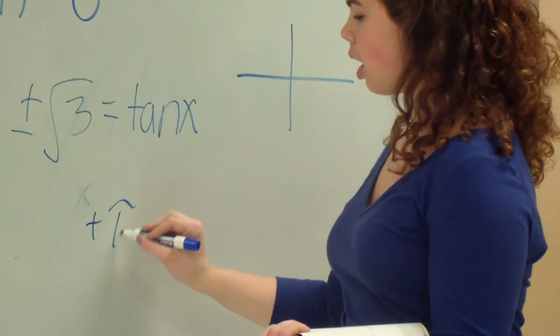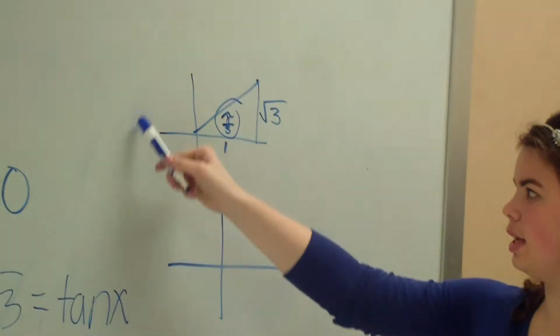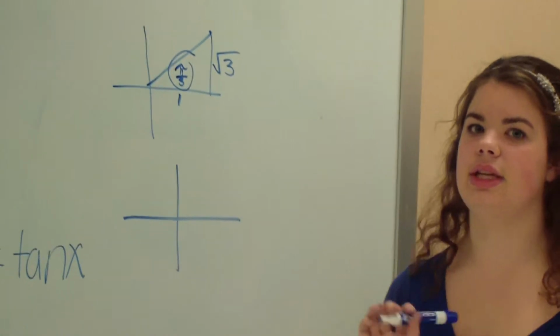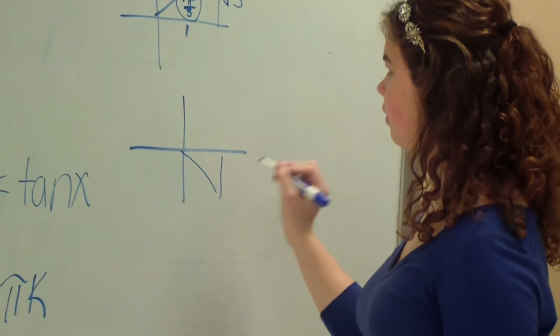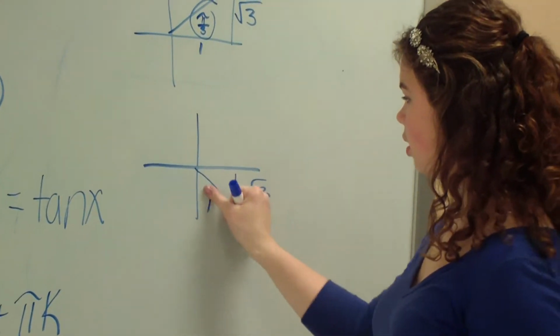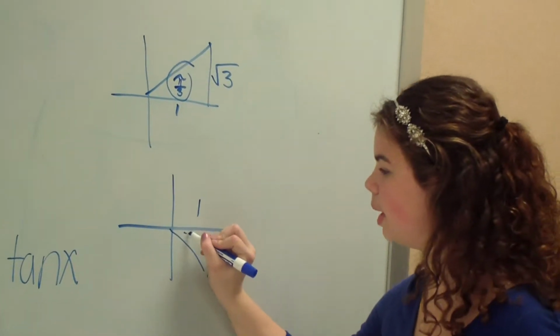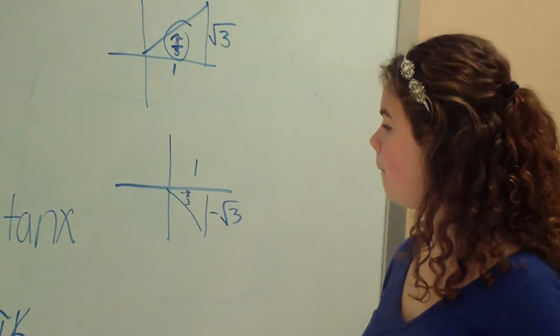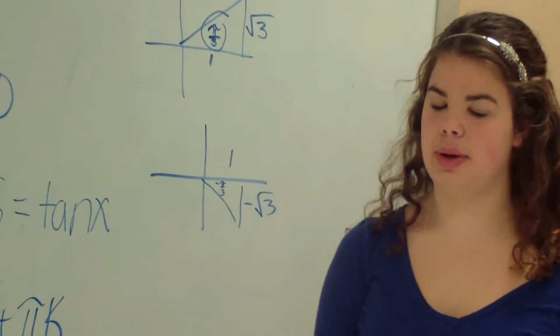So the k value is going to be however far it gets you to get the negative tangent, since tangent is negative in 2 places. Tangent could be negative here, so you could have negative square root of 3 over 1 right here, and then this would be your tangent value, negative pi over 3. But for now, you can stick with pi plus k, pi times k.